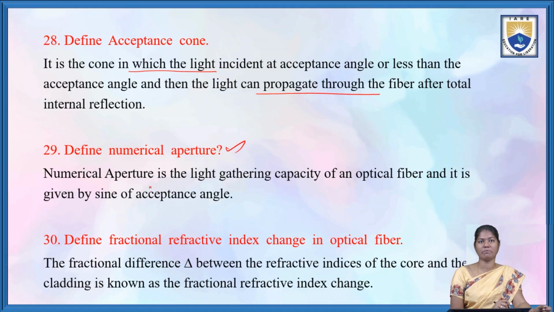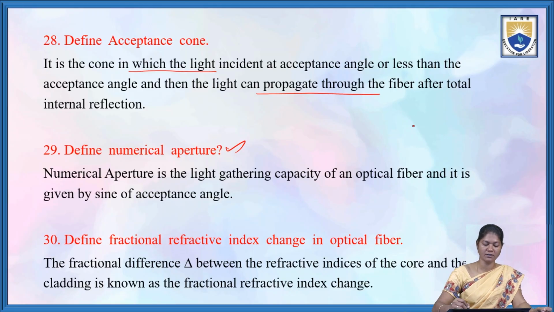Define numerical aperture. Numerical aperture is the light gathering capacity of an optical fiber and it is given by sine of the acceptance angle.